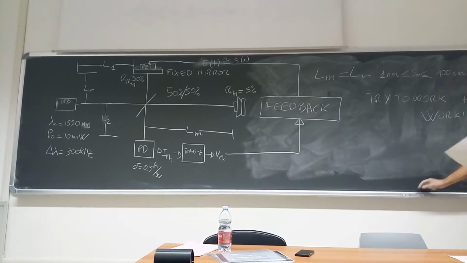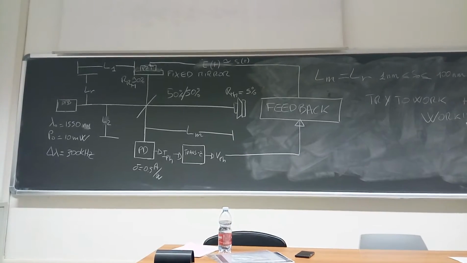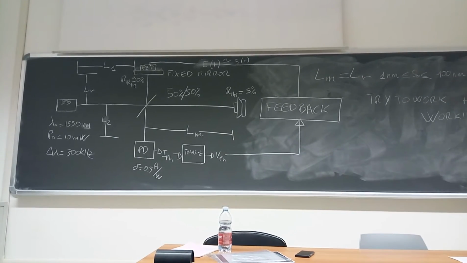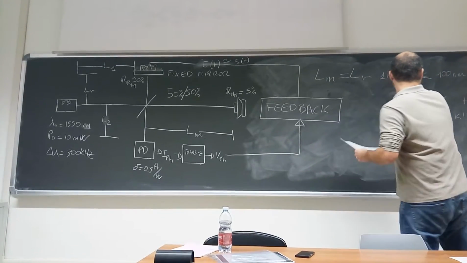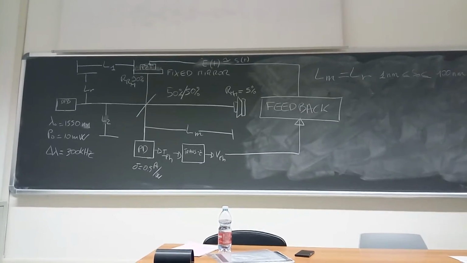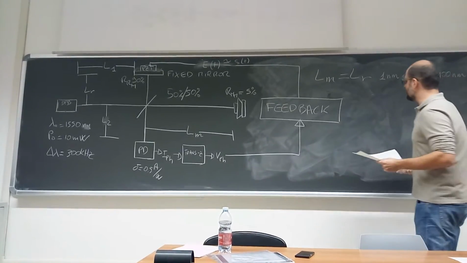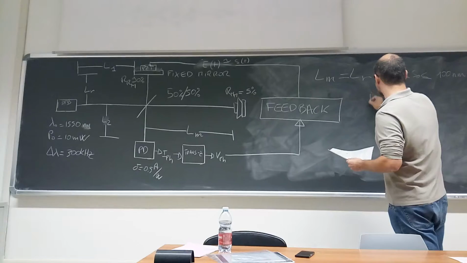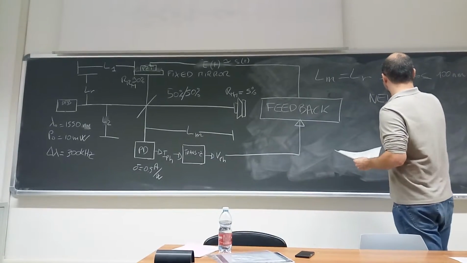So, if this is true, I know that I can perform analog measurement of the signal, not digital. This is an important point. Probably I already said this, but it is important to repeat. And what is the real limit? We have two possible limits. We have to deal with noise equivalent displacement, and in particular you have two contributions.